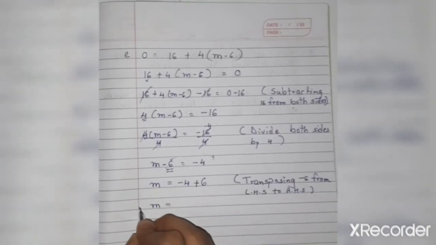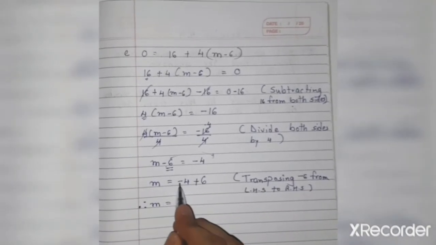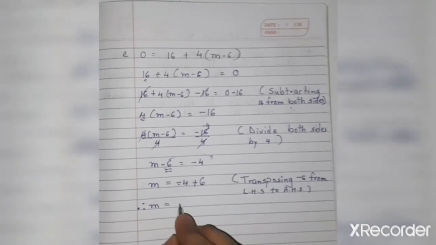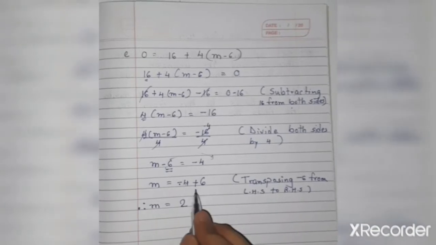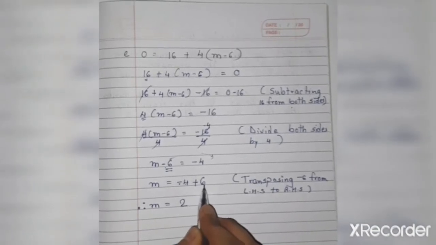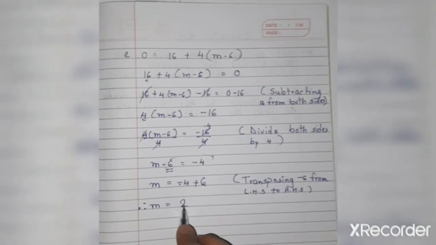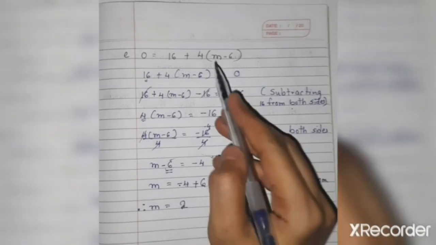So m equals to plus 6 minus 4, which is 2. We apply the sign of the bigger number. Here 6 is positive, so the answer will be a positive number. So m equals to 2. Let's check the answer.